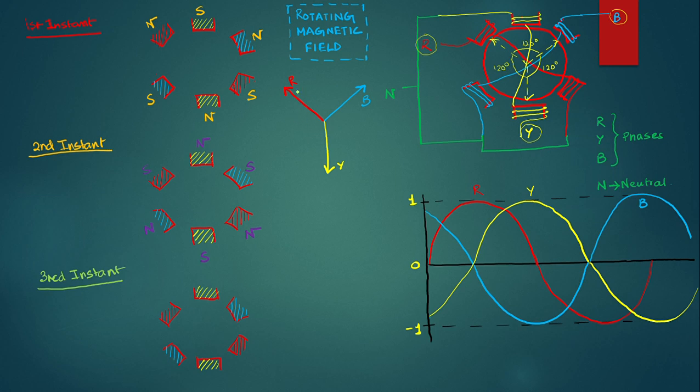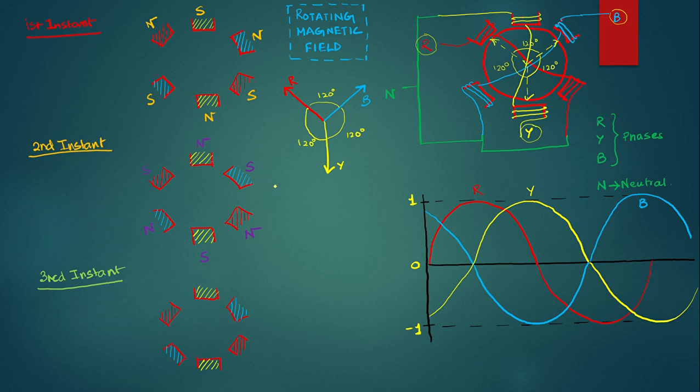If this is the R phase and this is the B phase, they are 120 degrees apart. B and Y phases are 120 degrees apart, and R and Y phases are 120 degrees apart from each other.